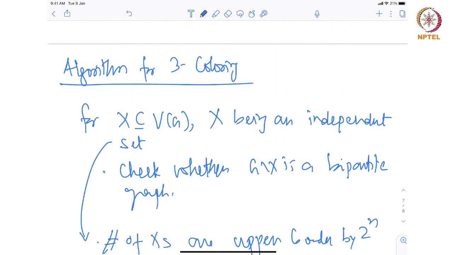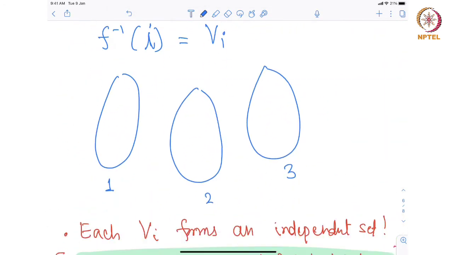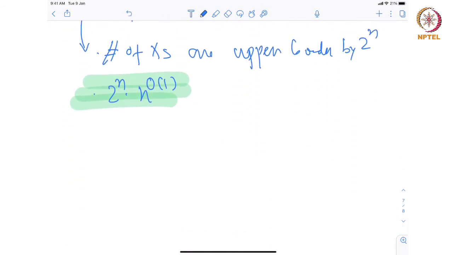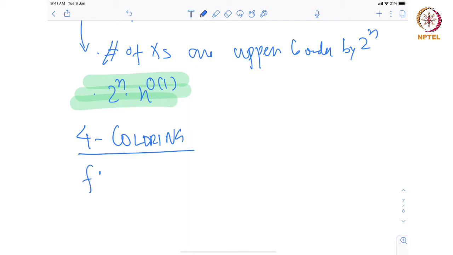But now you can ask yourself, what about 4 coloring? Now you are looking for an assignment from V(G) to 1, 2, 3, 4.